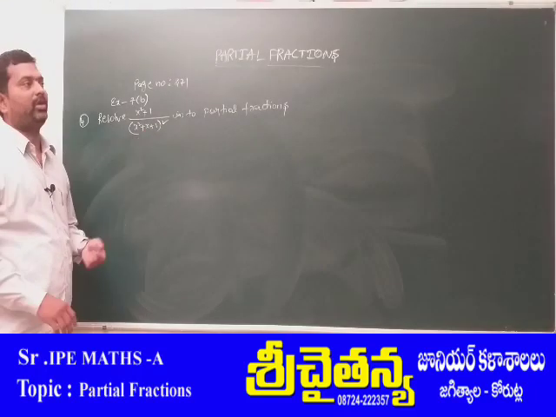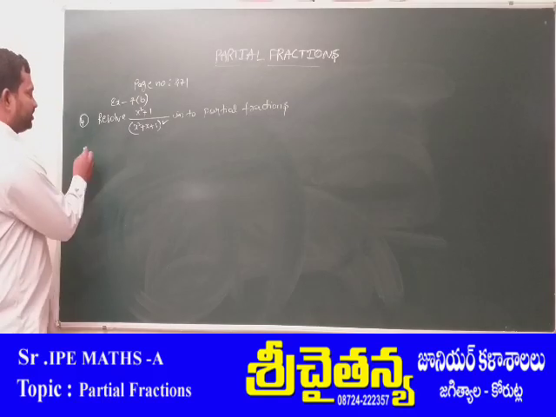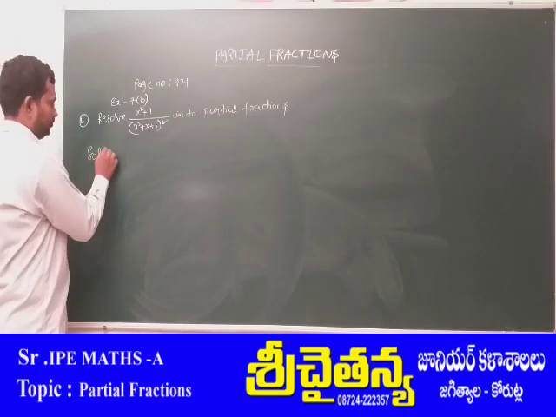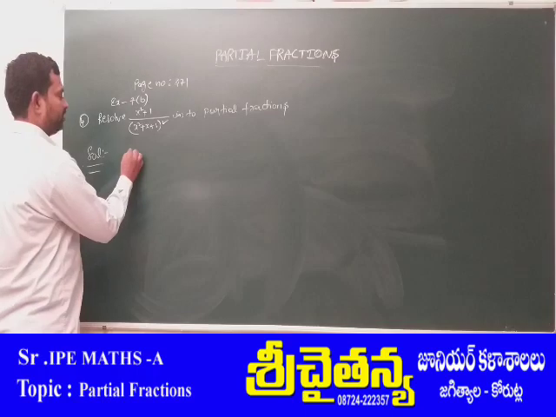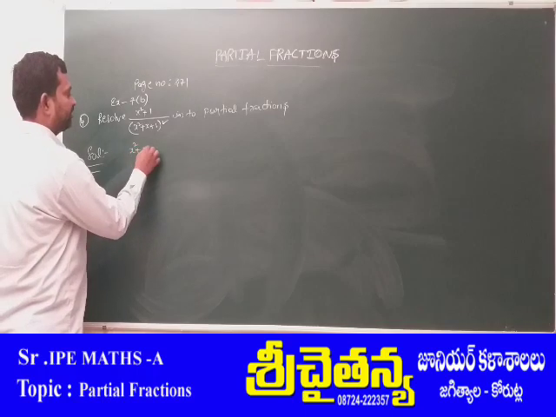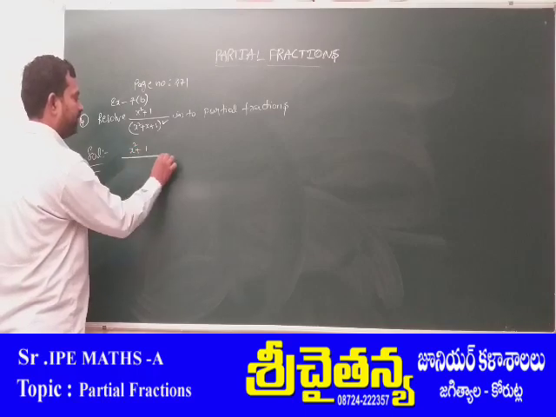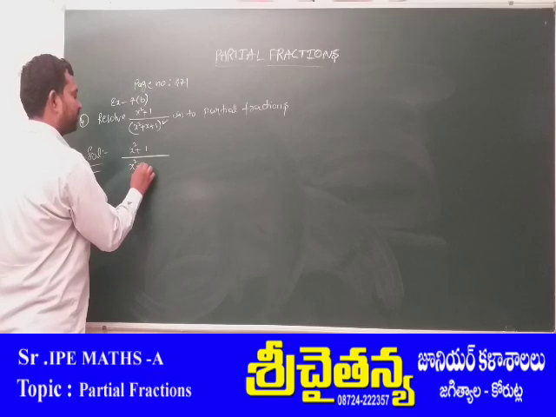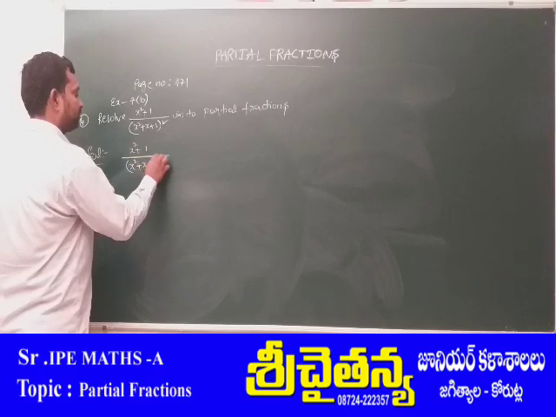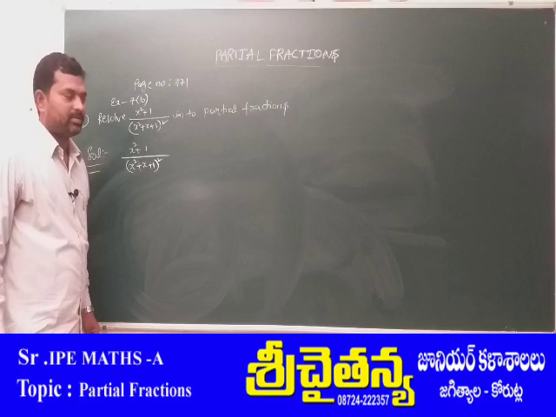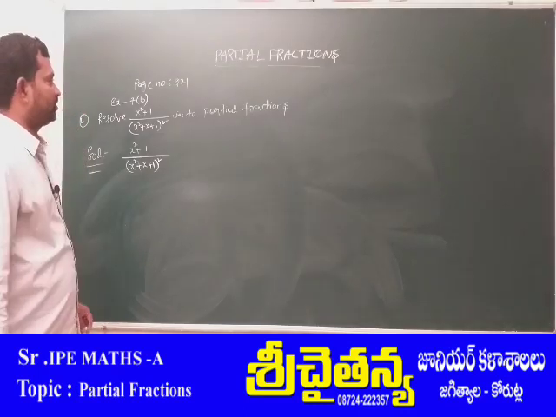How many times? 2 times. That means the question is in rule 4. That means we should write x square plus 1 by x square plus x plus 1 whole square.